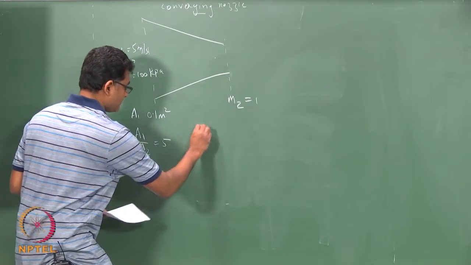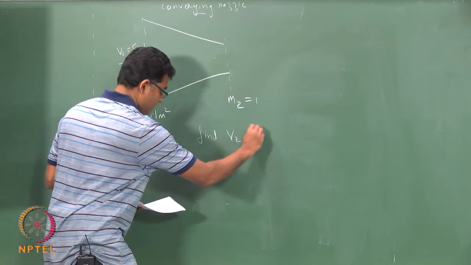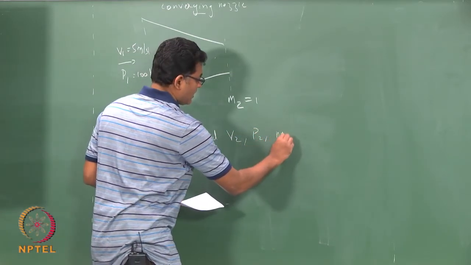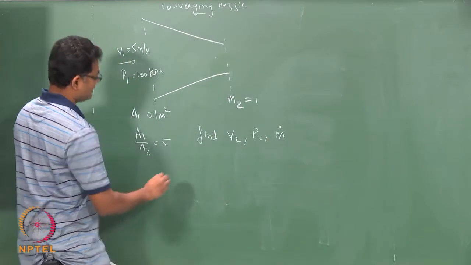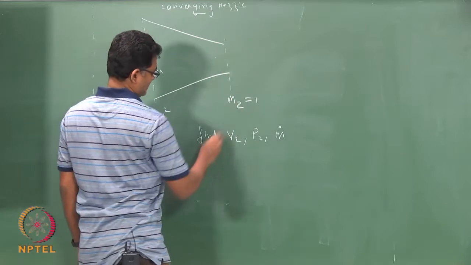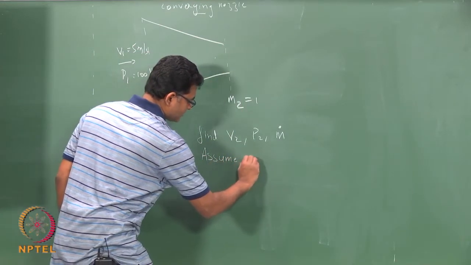Find V2, P2 and m dot. Assume isentropic.